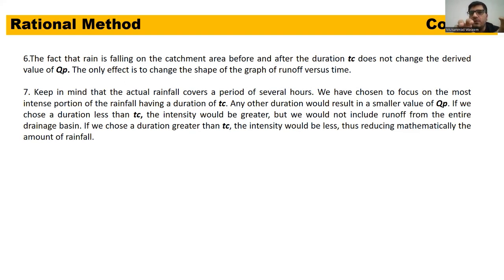The rainfall happens for 15 minutes over the catchment, but from the remotest point, it will take 30 minutes to reach the point of analysis. So when the rainfall duration is less than the time of concentration, you will not observe a peak discharge equal to the peak when the duration is exactly equal to the time of concentration, because by the time the water from the remotest point arrives, the peak has already gone.